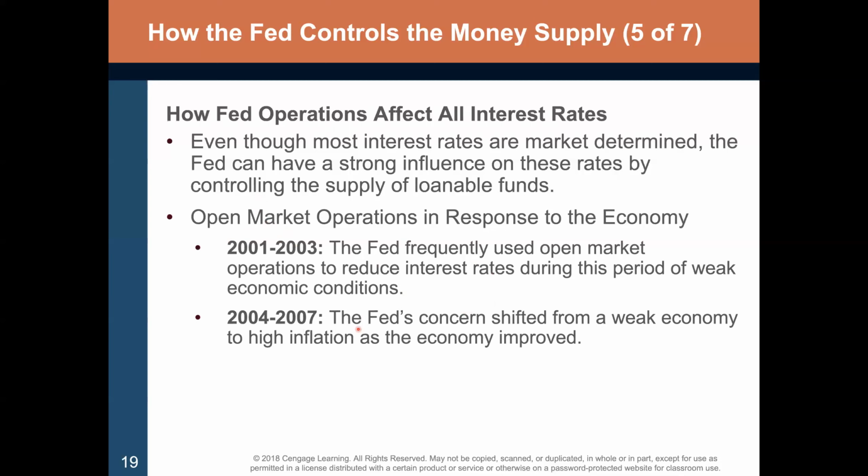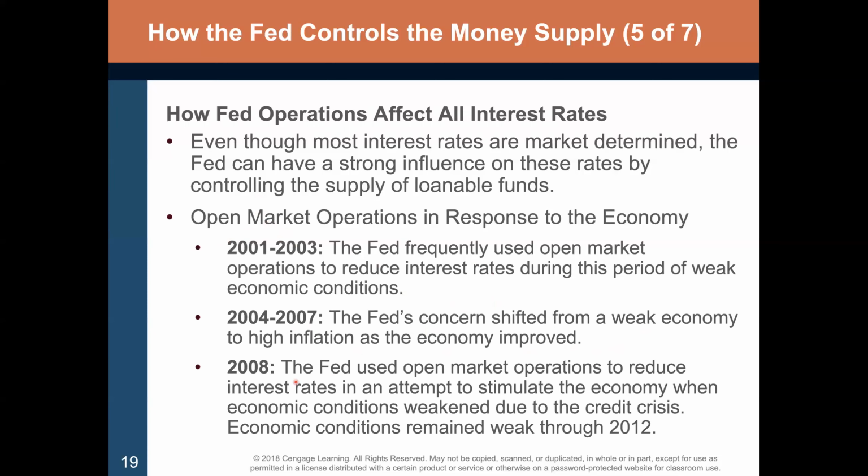From 2004 to 2007, the Fed's concern shifted from a weak economy to high inflation as the economy improved. So they started to raise or attempt to raise interest rates. In 2008, however, the Fed used open market operations to reduce interest rates in an attempt to stimulate the economy when economic conditions weakened due to the credit crisis.